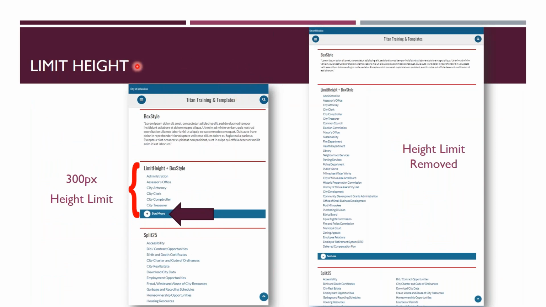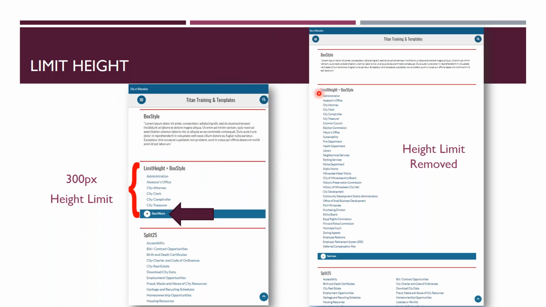Limit height is a new block feature, block attribute, and this again is another space saver. And so if you have content that takes up quite a bit of screen to have to scroll through, your site visitor may or may not be interested in all that you have there. Maybe they're interested in the content on top and the content on bottom and not this so much.